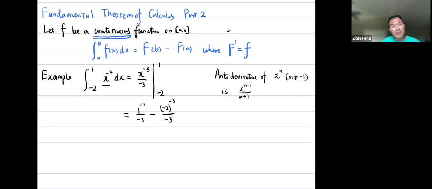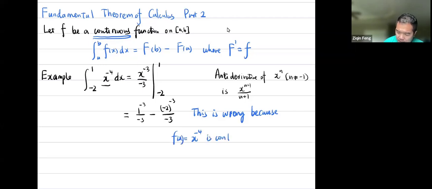Now you can see that this calculation is wrong, because x to the -4 is not continuous on the interval from -2 to 1. In fact, f of 0 does not exist.